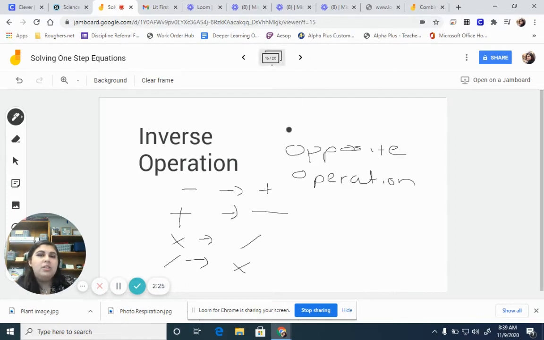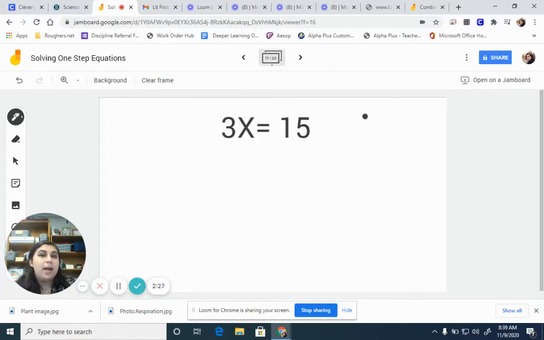So what I want to do is have a conversation really quick about problems. In this case, when I see 3x, that literally means that it's multiplying. Remember, when two things are sitting really close to one another, it literally just means multiply. So what is the opposite of multiplication? You can say it in your house.